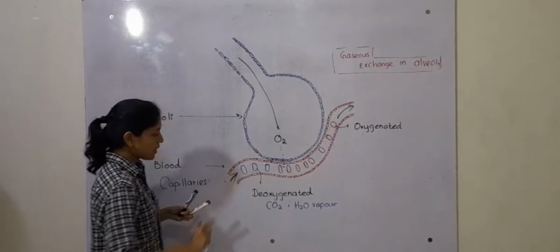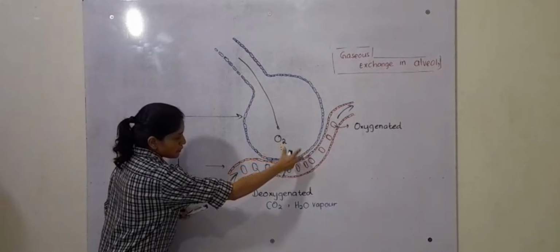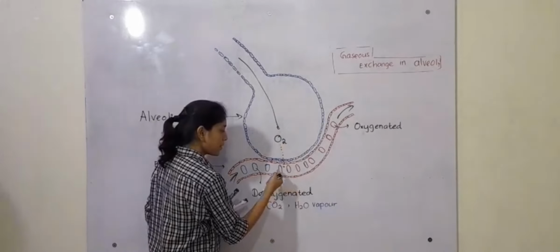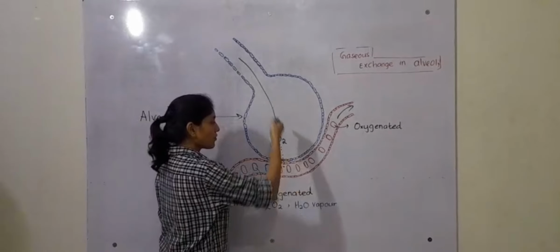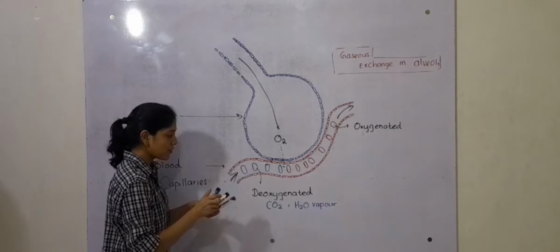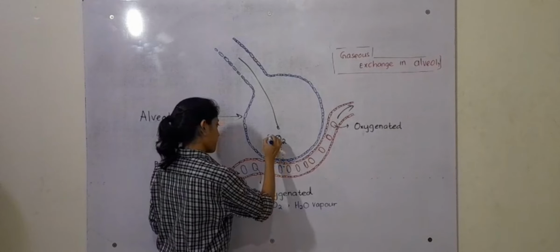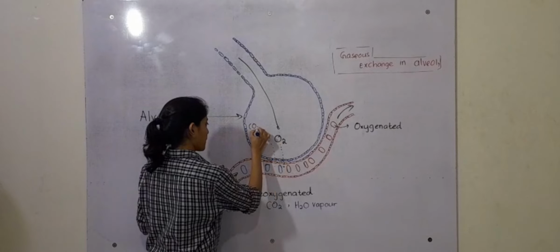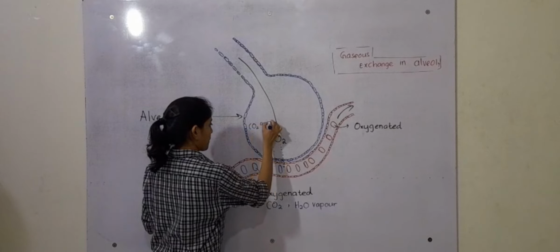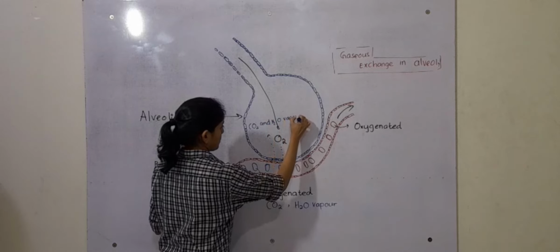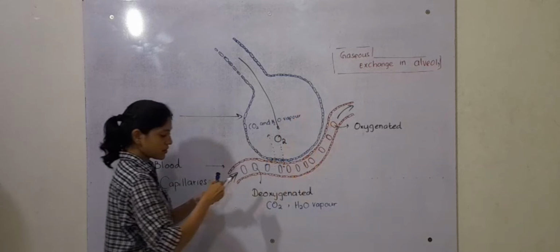What happens when oxygen is diffused into the blood capillaries, people? Carbon dioxide and water vapor diffuse out of the blood capillaries into the alveoli, across the concentration gradient.